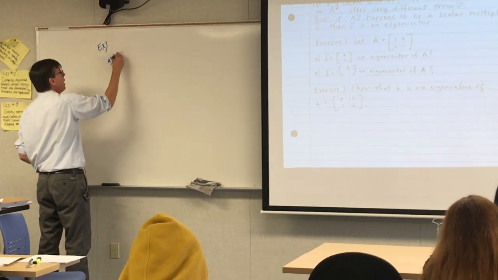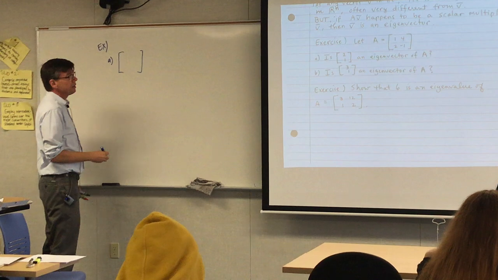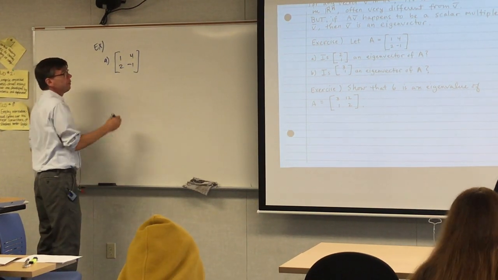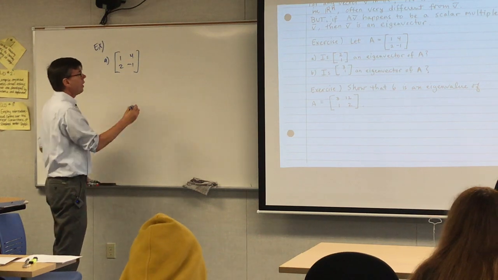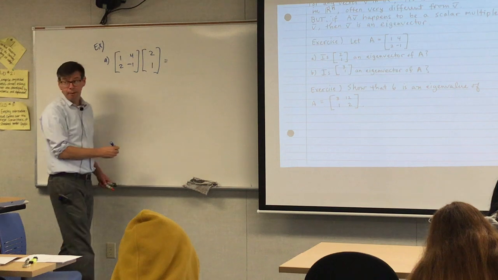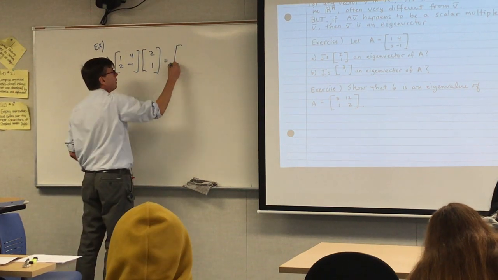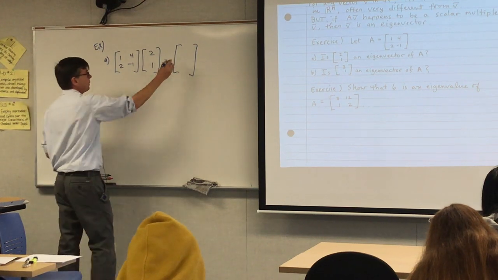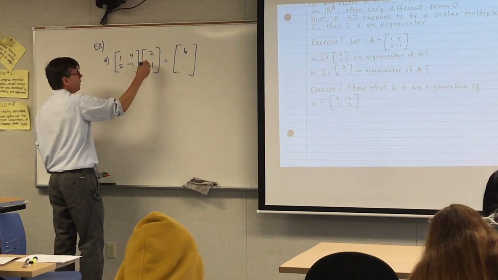So in part A, what are we going to do? We're just going to take that matrix, 1, 4, 2, negative 1, and multiply by that vector (2, 1) and see what happens. Okay. So let's see, what do I get? I get 6 in the first entry, right, and 3.